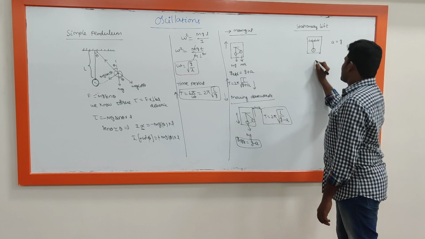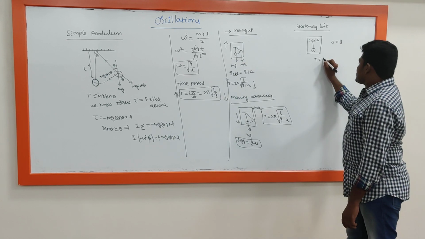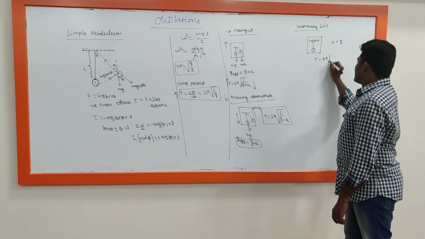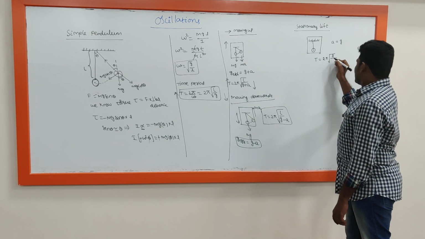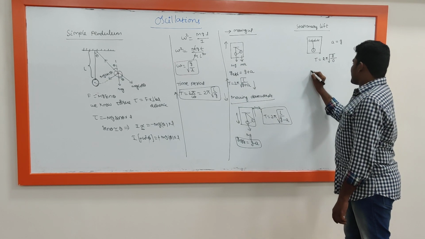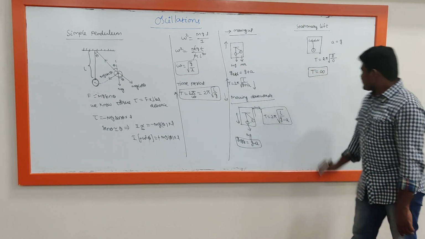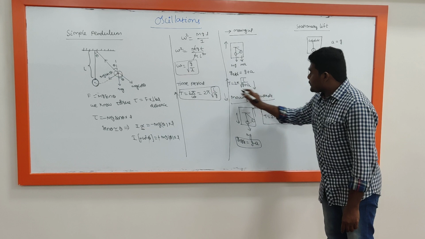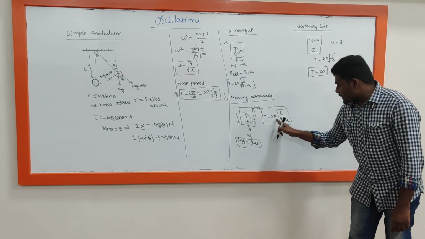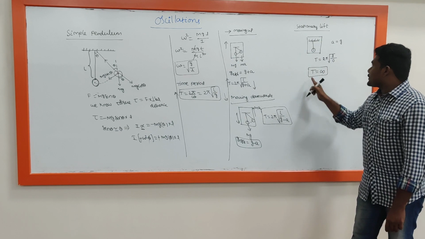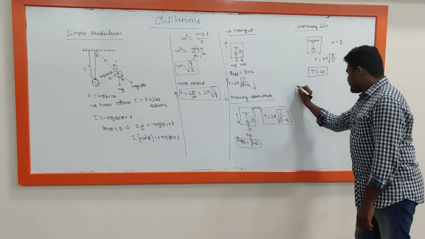Then you can write time period T equal to 2 pi square root of L by g minus a, and if a equals g, it will be 0, then time period will become infinity. So when the lift is moving up, time period equal to 2 pi square root of L by g plus a. When the lift is moving downwards, 2 pi square root of L by g minus a. Whereas if you take a freely falling body, then T equal to infinity.